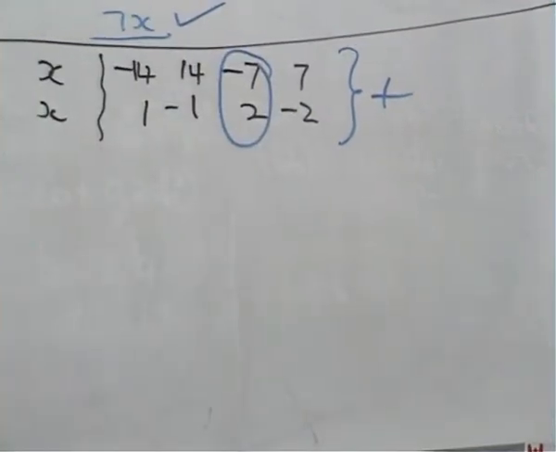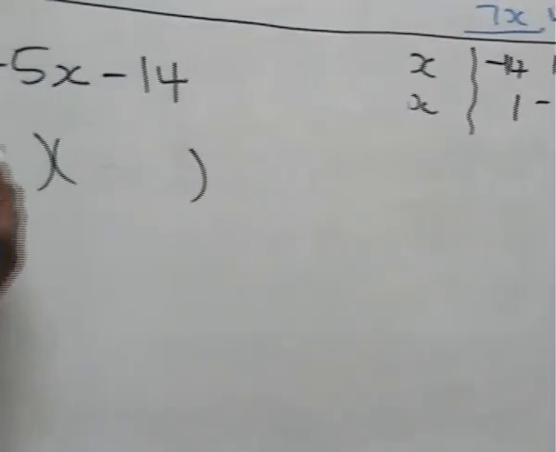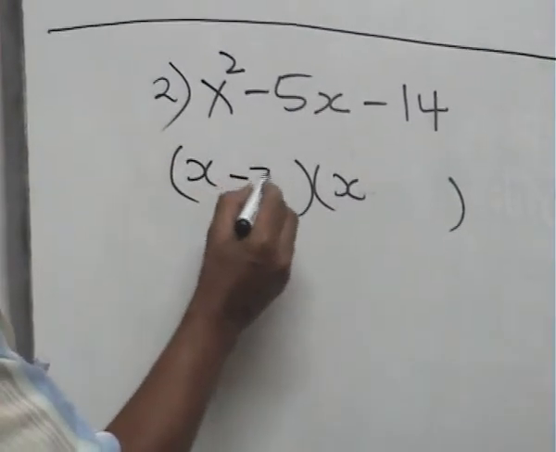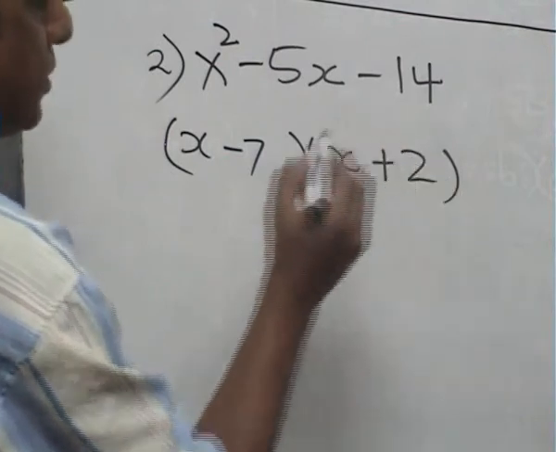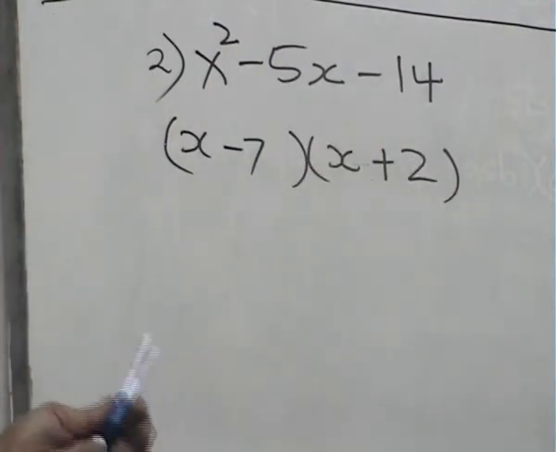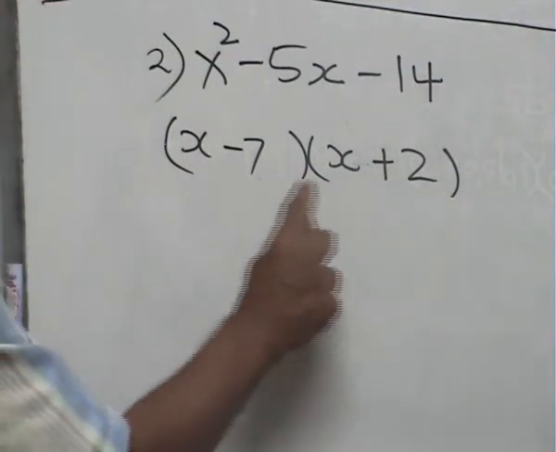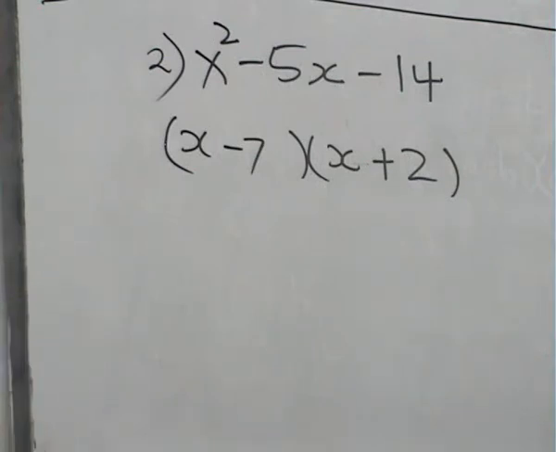So that's my choice. So, in the front of the brackets, you write x and x. And in one bracket, you put minus 7. The other bracket, you put plus 2. And then when you test this out, if you do products step by step, you will see that you will get that answer over there. Alright, so those were two examples.